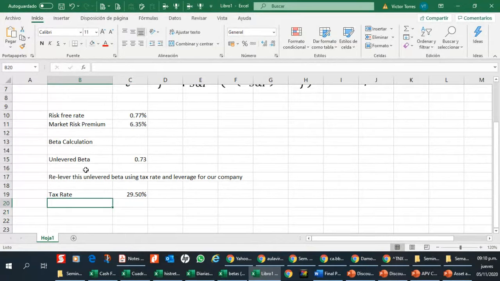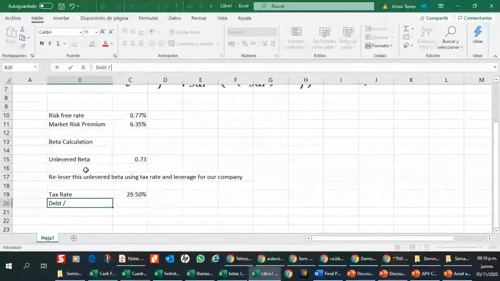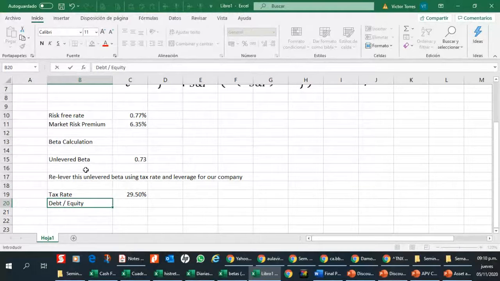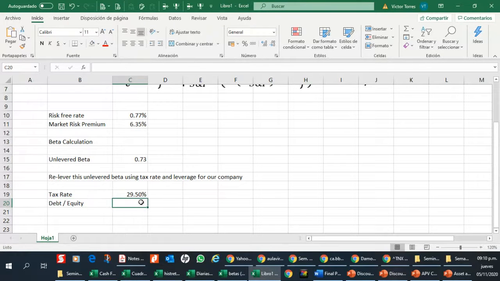And we are going to be considering the debt over equity, let's assume that it is 0.5. That means that you are financing with a lot more equity than debt in general in this calculation. That's part of what you are going to be analyzing here.